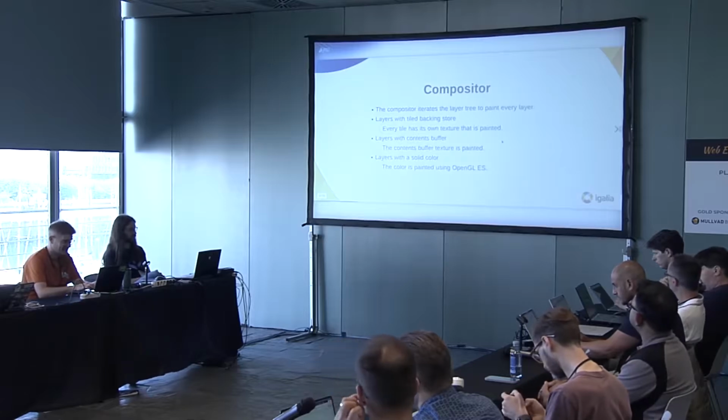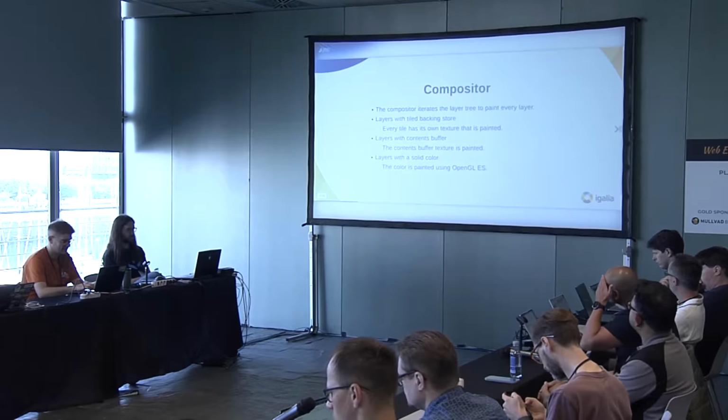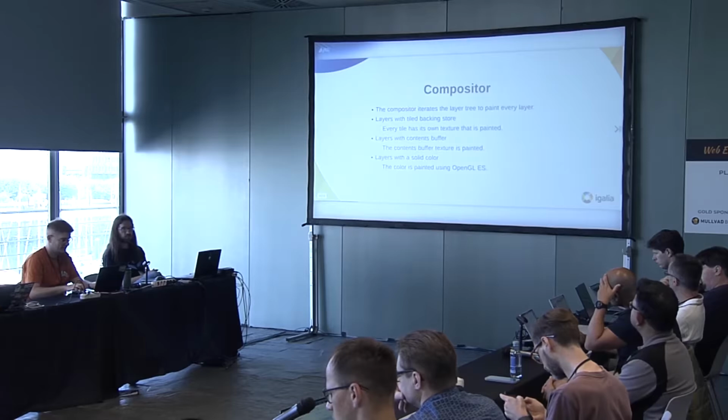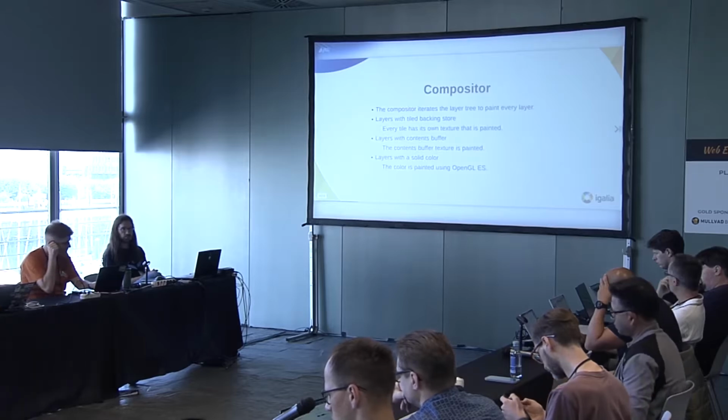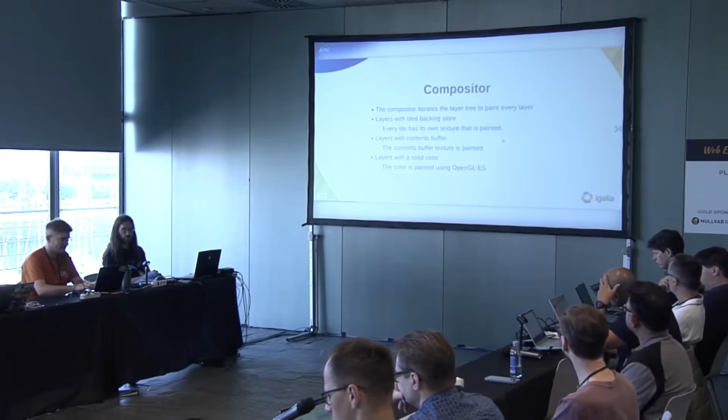The idea was exactly the same. The compositor iterates the layer tree and paints every layer. For layers with tiled backing store, every tile has its own texture that is painted. For content buffers, the content buffer texture is painted, and for the solid color, OpenGL is used to paint the color.